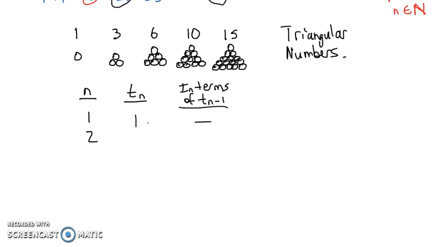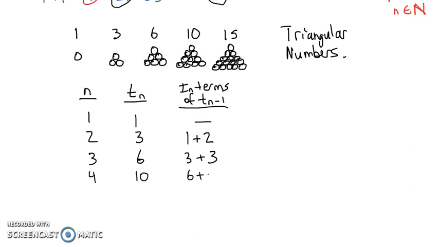The second term has a value of 3. In terms of the previous term, it's that previous term, and we've added 2 to it. The third term has a value of 6. It's the previous term of 3, and we've added 3 to it. The fourth term is 10.